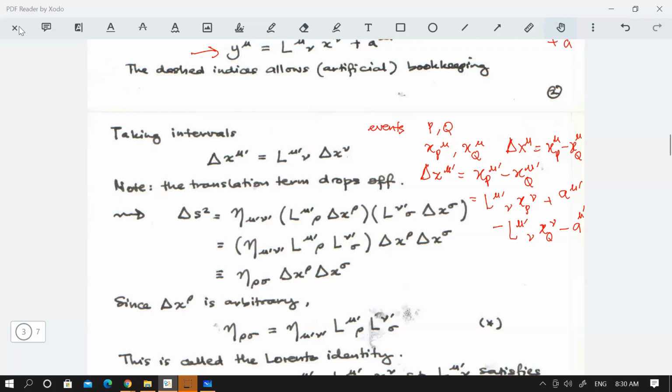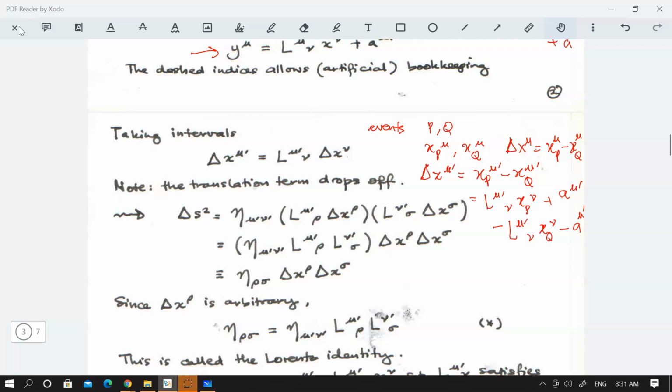So essentially from the dash frame, we're going to have, coming from the different L's that we have over here, L^μ dash_ρ Δx^ρ, L^μ dash_σ Δx^σ. Remember that when you do all this index convention, any indices will only appear at most twice. So rho, rho, and then over here you have to use a different symbol, so I use sigma here.